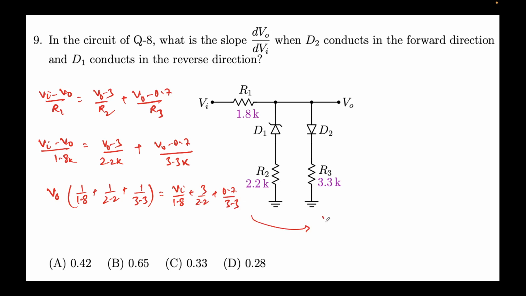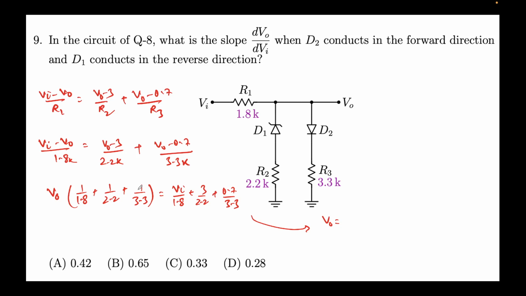Right, now I'm solving this, so V0 should be equal to, now remember we are only interested in the slope, right? So let me just solve the three terms that are in parallel over here itself. The first two terms: 1.8 times 2.2 divided by 1.8 plus 2.2, which is 4, so that's coming out to be 1.